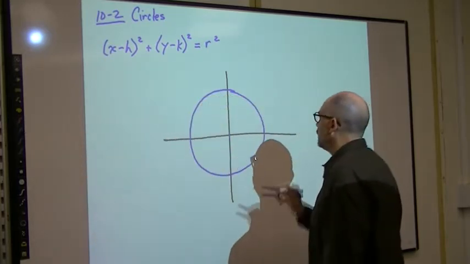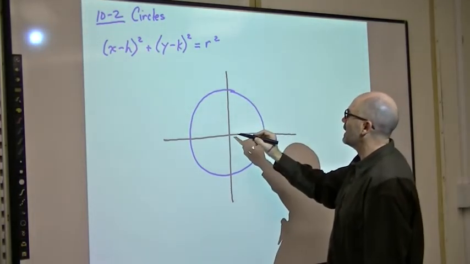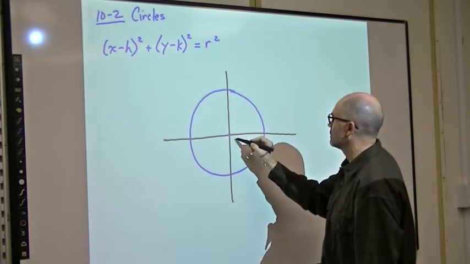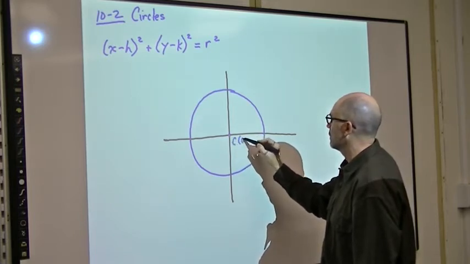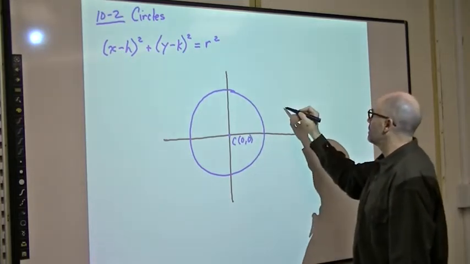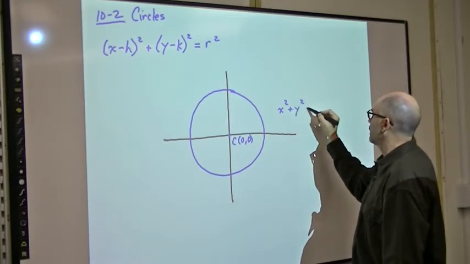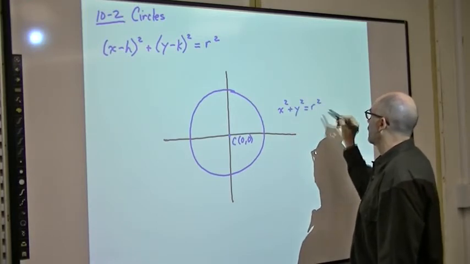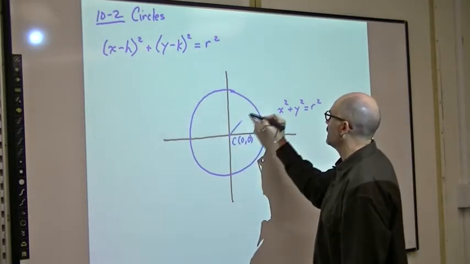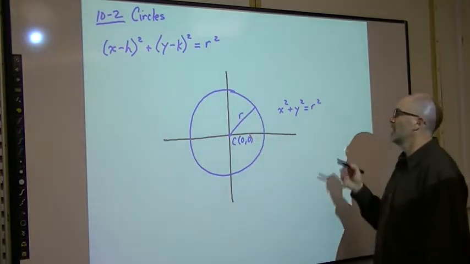Now notice, this circle that I just drew, the center is 0, 0. So the equation of this circle would be simply x squared plus y squared equals r squared, where r is the distance from the center to the outside.